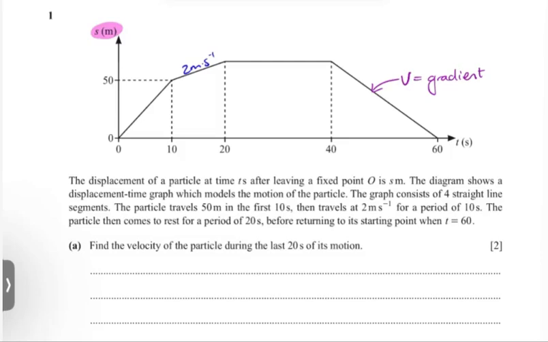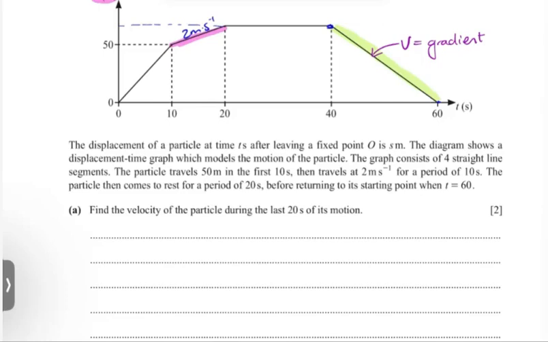Okay, so basically we need the gradient of this slope down here, but what I see is we don't yet know what our displacement is up here. That's going to help us to find the gradient of that line. So I'm first going to look at my second straight line section, and my gradient in this case is my change in displacement over change in time. I know that my gradient is 2, that's my velocity.